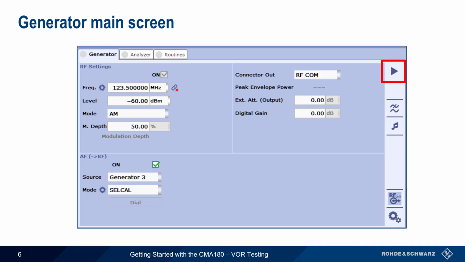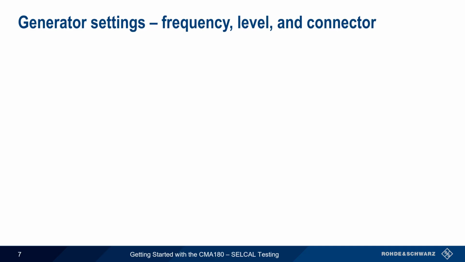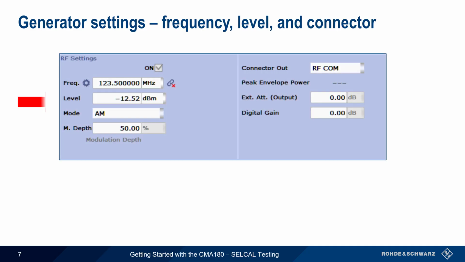Let's now go through each of these areas step by step, starting with the RF and connector settings. Under RF settings on the right side of the screen, the frequency, level, and modulation type, or mode, can be configured. For SELCAL, the mode is usually AM for transmissions at VHF and upper sideband for signals at HF.